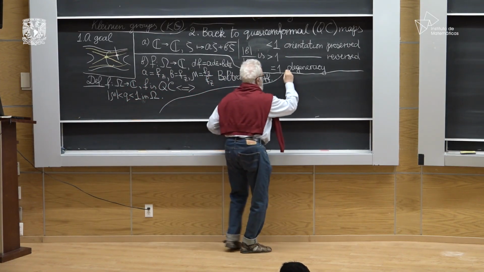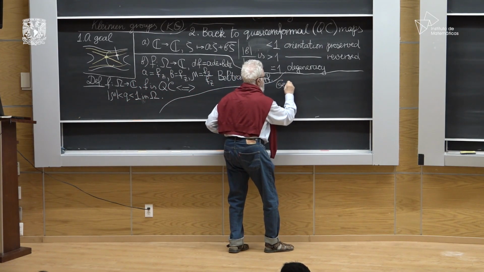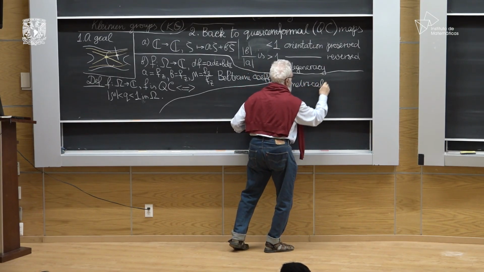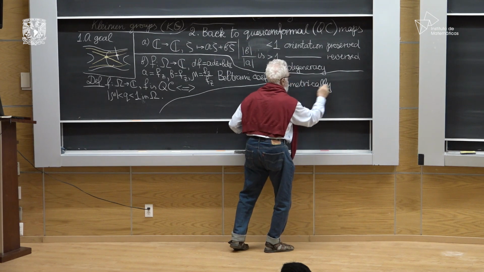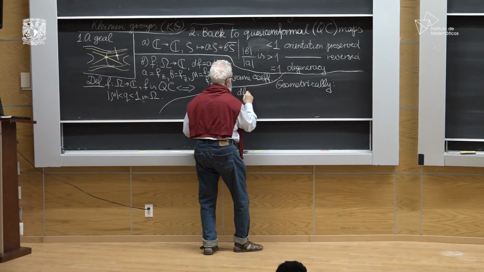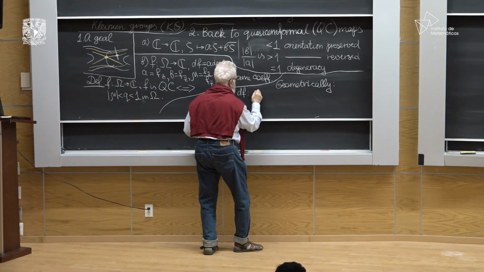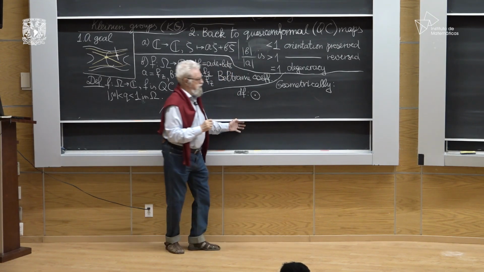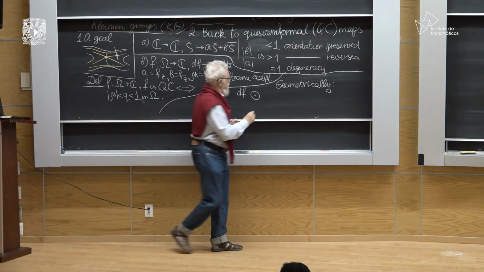Geometrically, this means the following. df is a complex linear map at any point. It maps a circle to an ellipse.